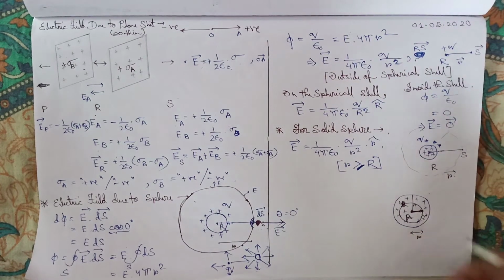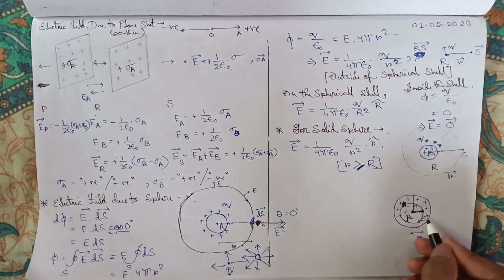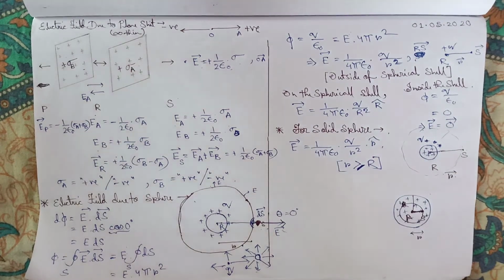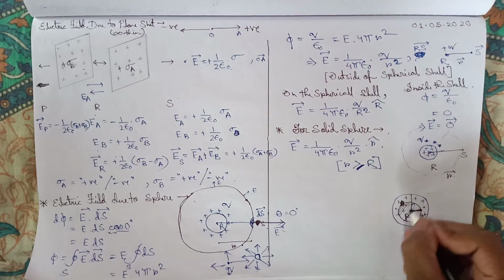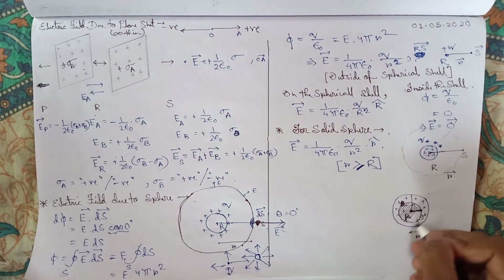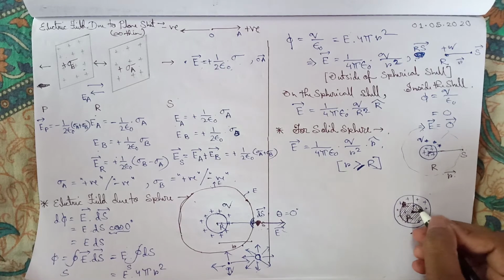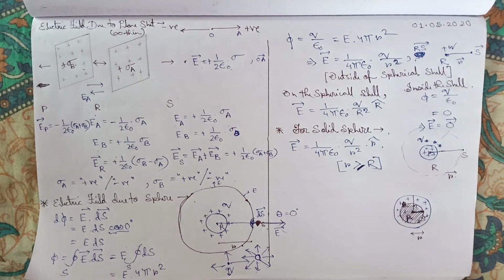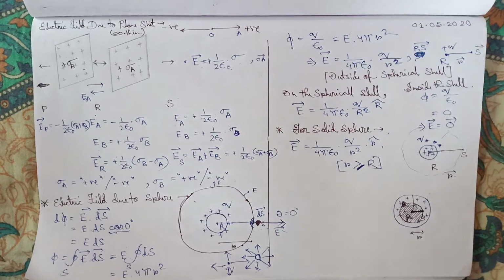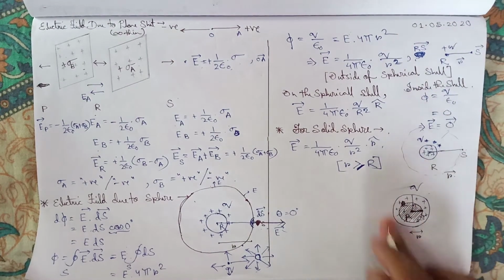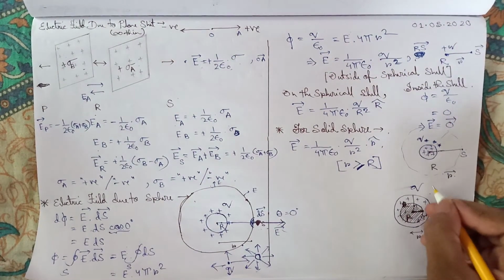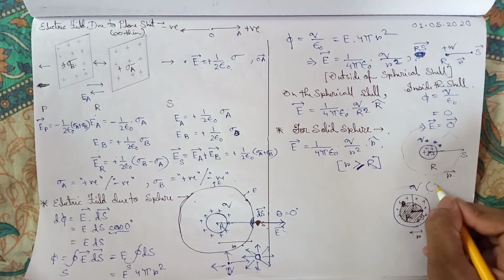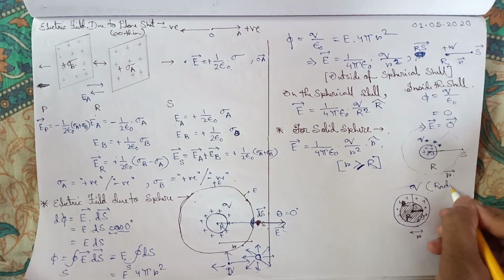This will be the effective Gaussian surface for finding the electric field at point S. We have to consider the charge of this smaller sphere only. We cannot consider the whole charge Q, which is given for the bigger sphere of radius R.